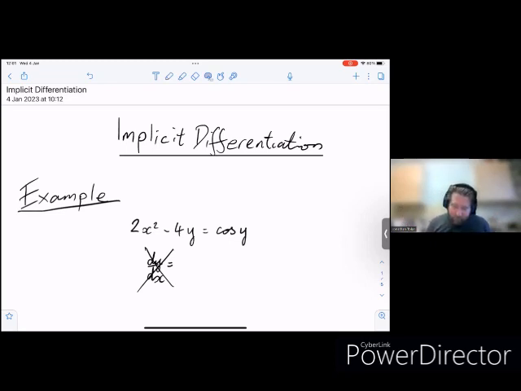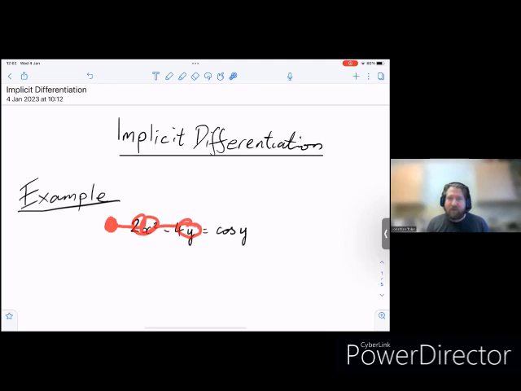So instead of doing that, what I want you to think of is, rather than thinking dy by dx equals something, I want you to start at the left-hand side of the equation and then just move through the equation, differentiating the things as you reach them.